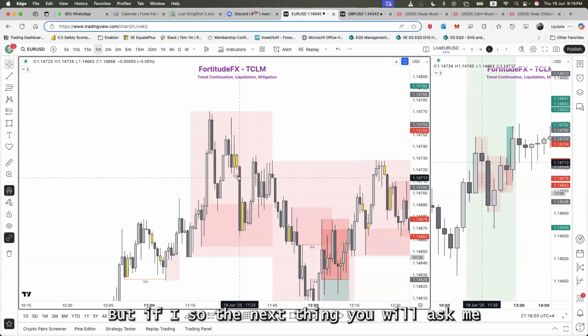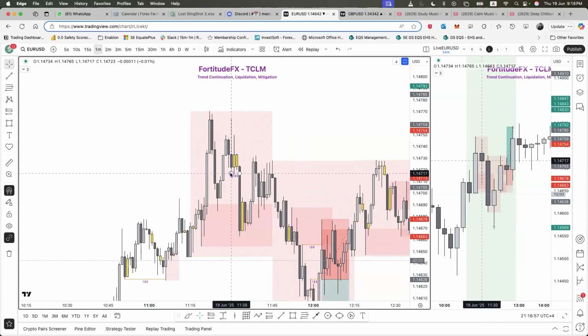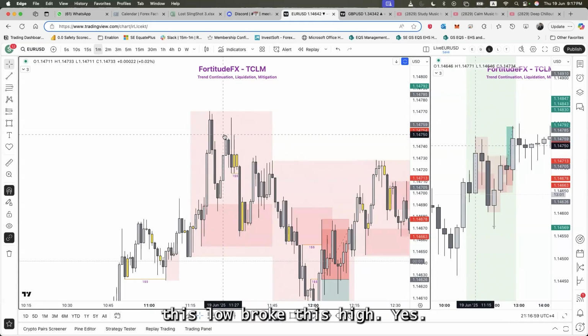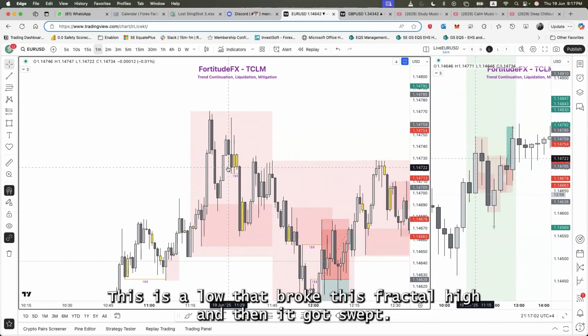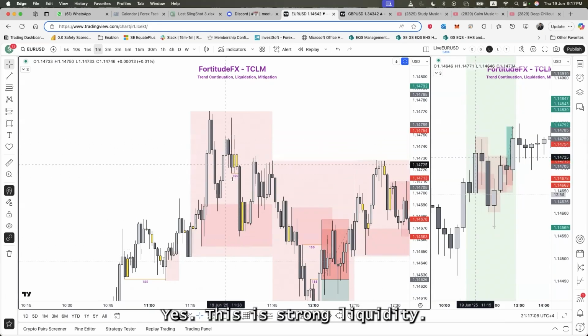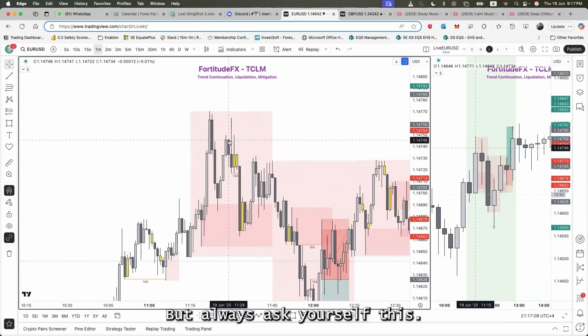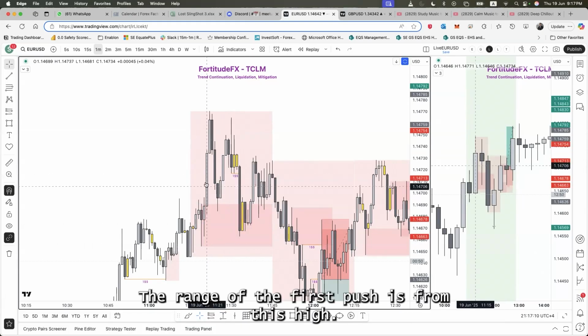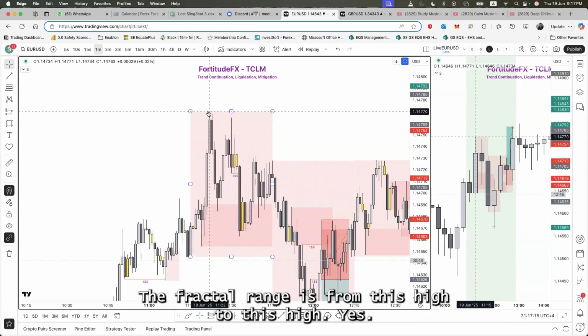But the next thing you will ask me, this low broke this high, yes? This is a low that broke this fractal high and then it got swept. Yes, this is strong liquidity. But always ask yourself this. The range of the first push is from this high, the fractal range is from this high to this high, yes?